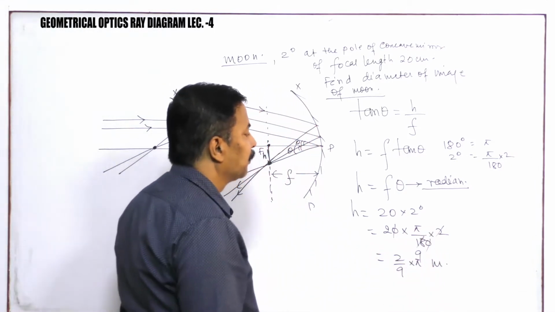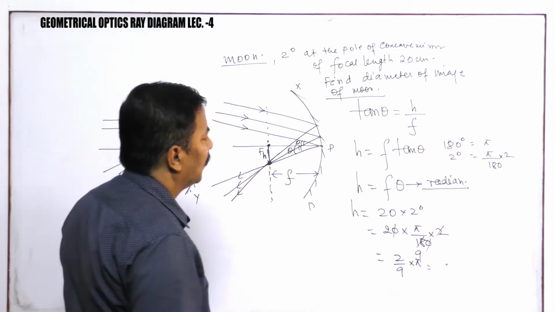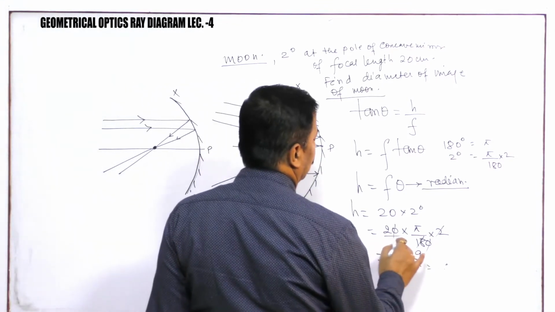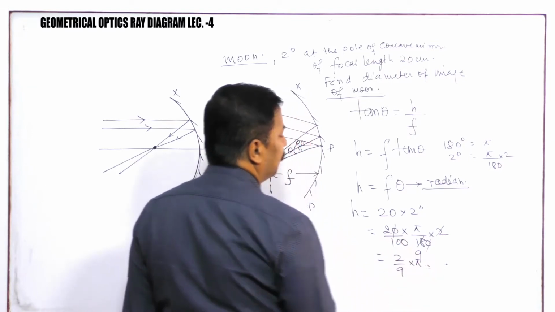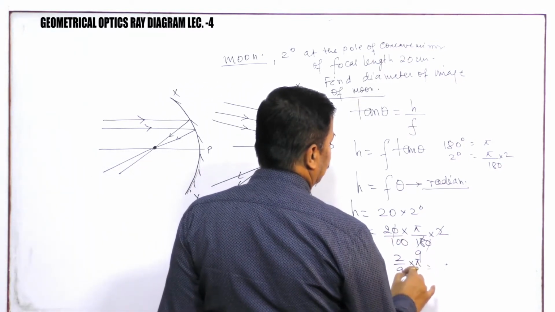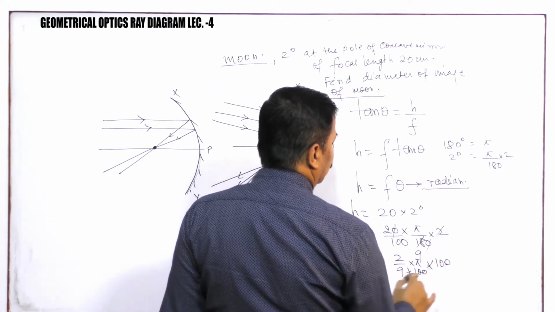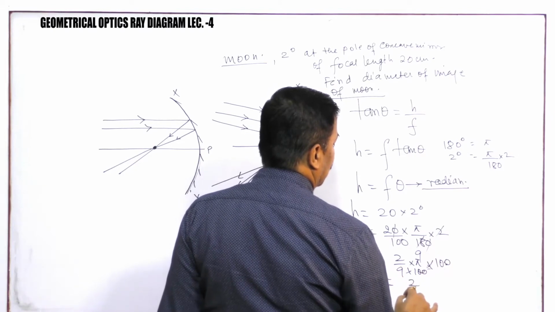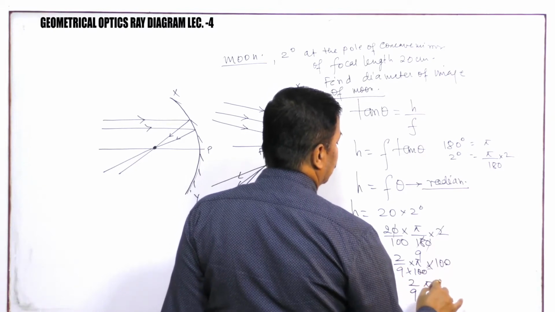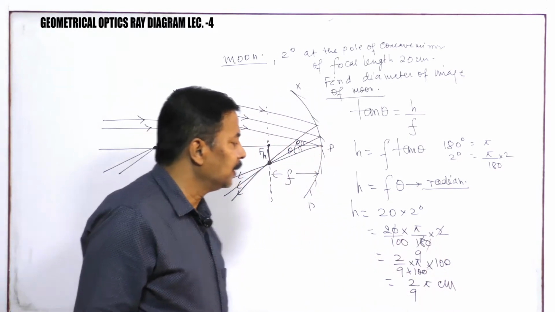So it should be 2 by 9 into pi meter, and this should be by 100 meter, then it should be 2 by 9 into 100 into pi, that is 2 by 9 into pi centimeter. This will be meter, so it will be in centimeter.